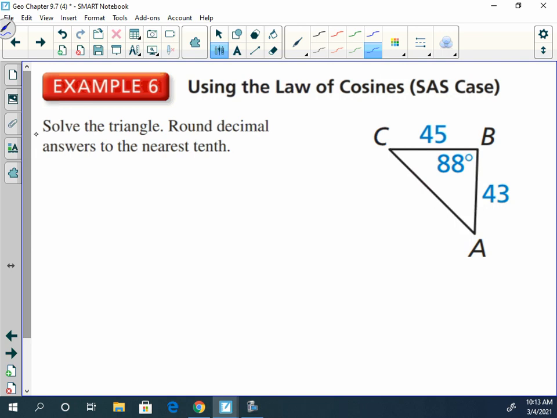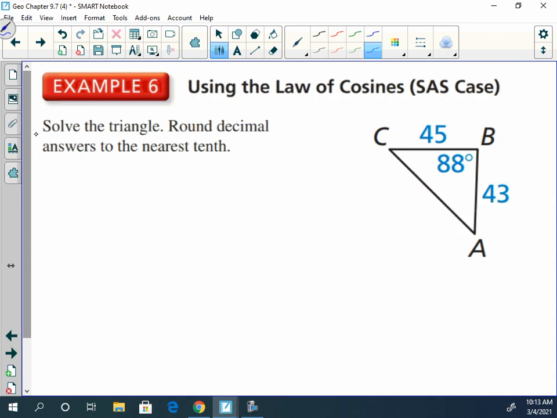So with one of these setups, we would use law of sines.